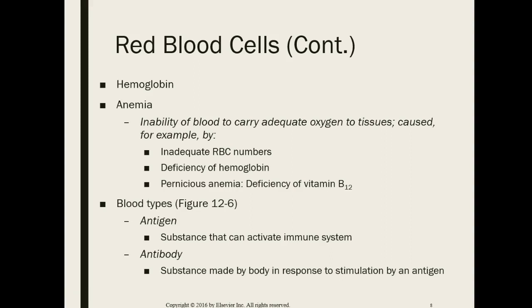Our blood cells actually have antigens on them. And the antibodies are the body's immune response that's stimulated by an antigen. So an antigen activates the immune system, and the antibody is the response to that stimulation.